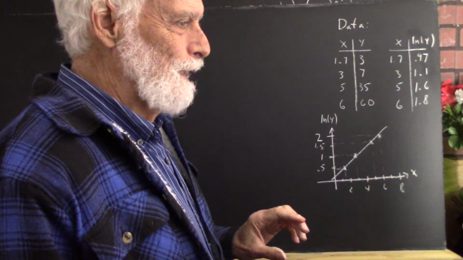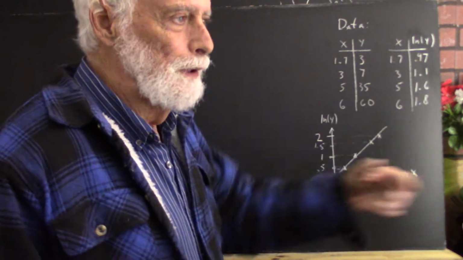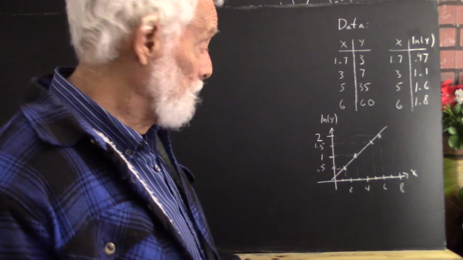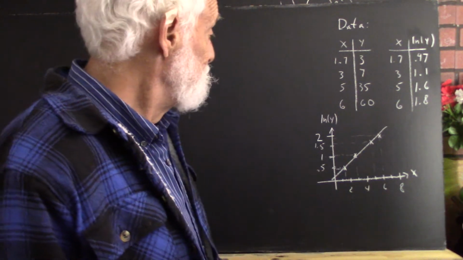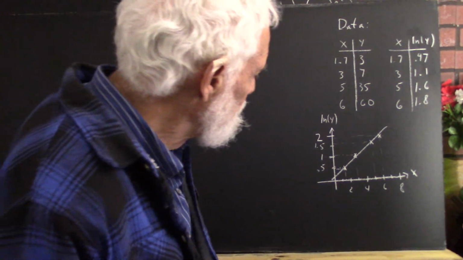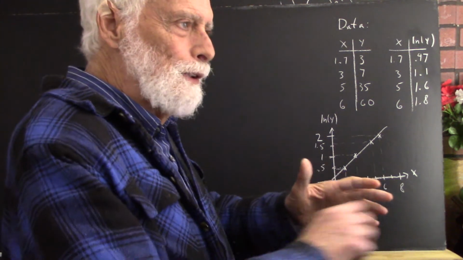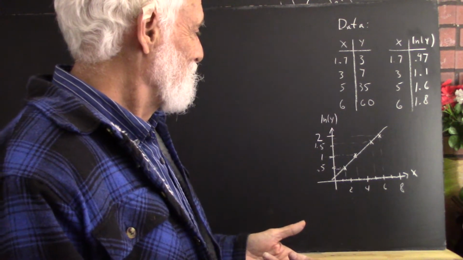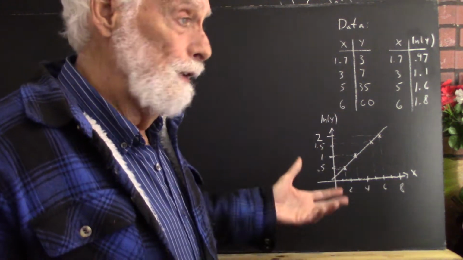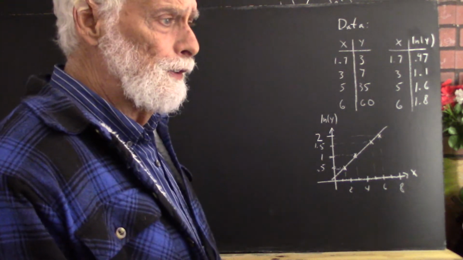Okay? If you run this through software and get your regression analysis, you are going to get the slope and the y-intercept of the line, or the natural log y-intercept. But still, as I say, I want you to draw these by hand and make your own estimates. And then go to Excel. You know how to use Excel?